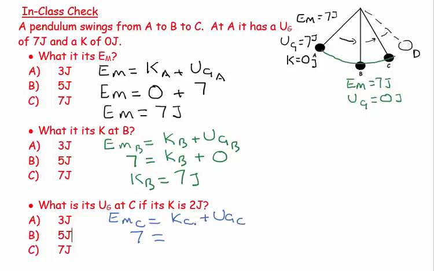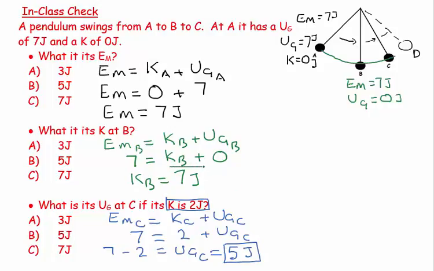It's 7 joules. But now we know that our kinetic energy at C equals 2 joules. So that will be 2 joules plus, and it's asking what is the gravitational potential energy at C? Well, 7 minus 2 must equal my gravitational potential energy at C. So that must equal 5 joules. I didn't put any boxes around any of these things, but let's just tidy up a little bit.